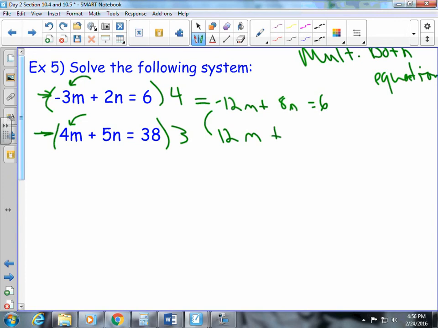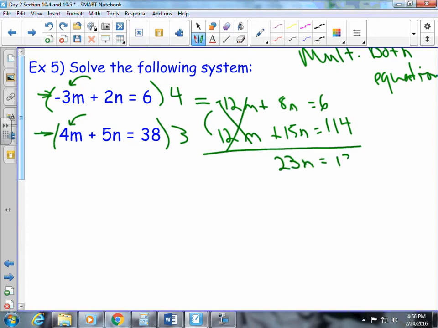Plus 15n is equal to 114. 3 times 38 gives me 114. All right, so add the equations together. The m's cancel out. Now I got 23n is equal to 138. I divide by 23, divide by 23, I get n is equal to 6.